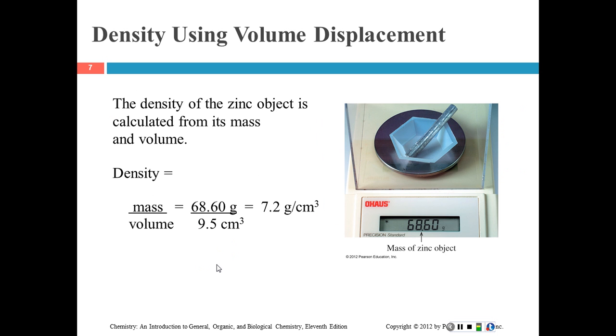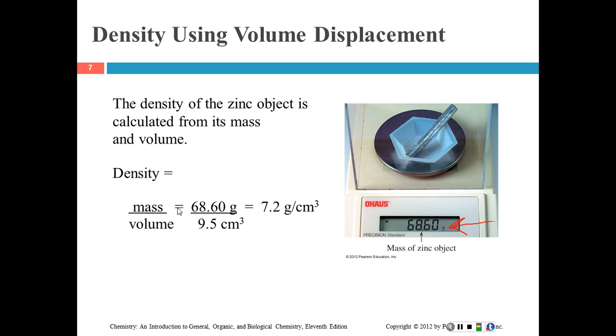Now the only other part we need is the mass, and that's very easy in the lab because we have some balances and we just put it on there and we can get the mass from that. And when they put this particular zinc bar on there, they got 68.60 grams as the mass.